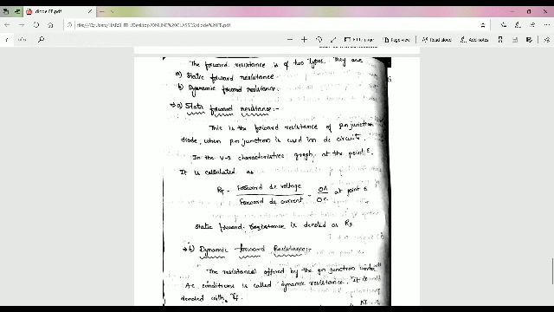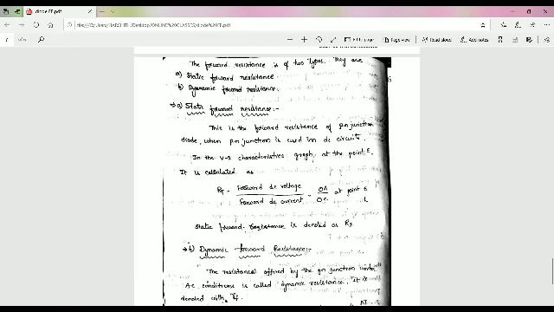Consider the change in applied voltage, this is delta VF, and the change in the forward current is delta IF. The slope of the characteristics is delta IF by delta VF. The reciprocal of the slope is the dynamic resistance, small rf.